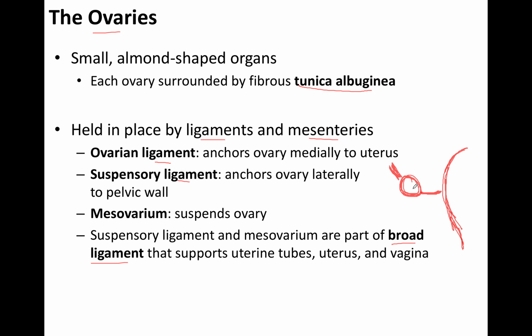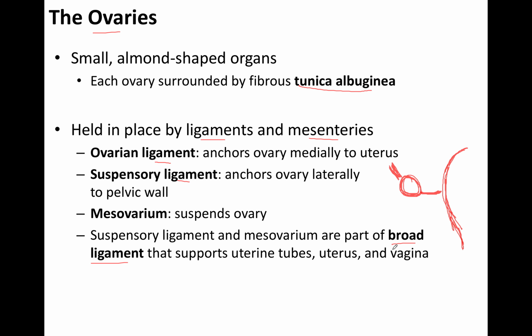Without those two ligaments, the ovary would not be attached to anything, because this is not a tube here and this is not a tube here. It's just the same thing as a ligament that you would see in the muscular system, so just dense connective tissue.